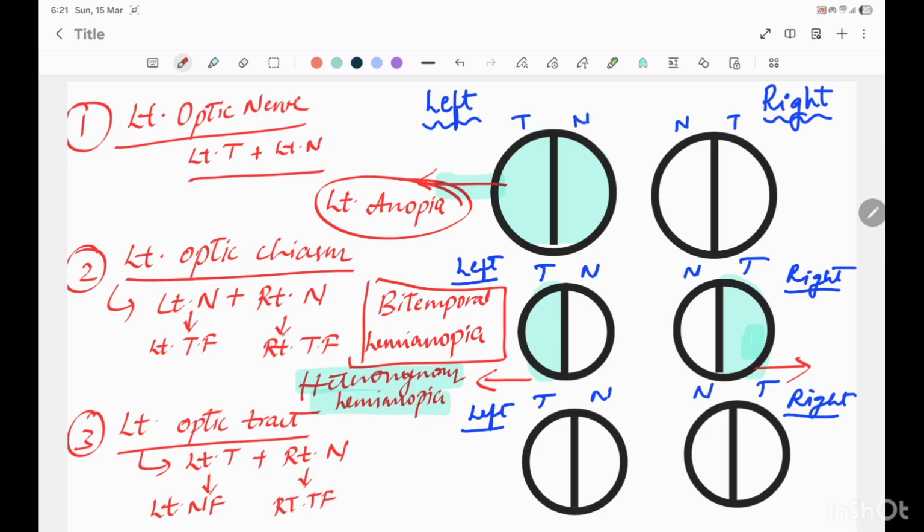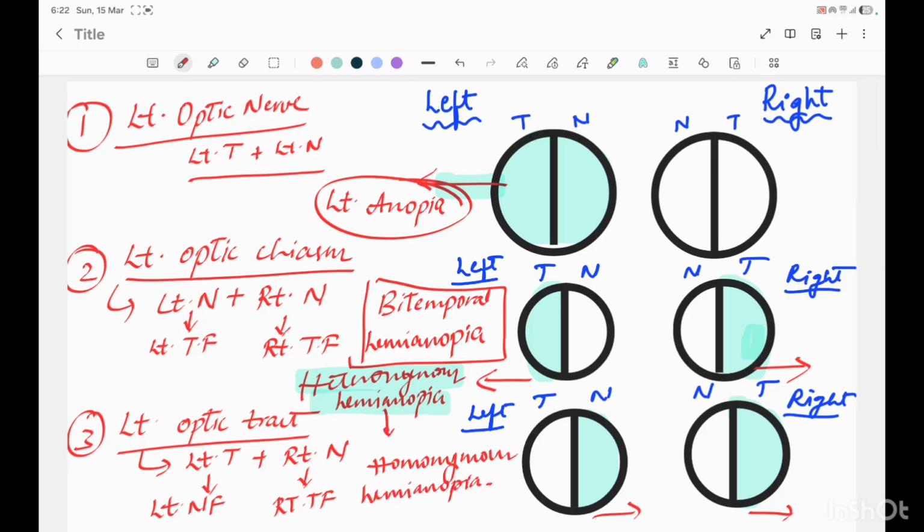Now let us see it in a diagram. It will be the left nasal and the right temporal. Did you observe something? Here the visual field loss is in the same direction. So what do we call this? Homonymous hemianopia. Okay.